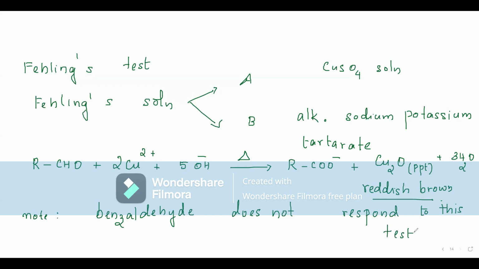So if a question is asked, how do you differentiate between acetaldehyde and benzaldehyde, you can write that Fehling's test needs to be conducted. Acetaldehyde will give a reddish brown precipitate, whereas no such observation is seen with benzaldehyde. So the question is, suggest a test to distinguish between acetaldehyde and benzaldehyde.